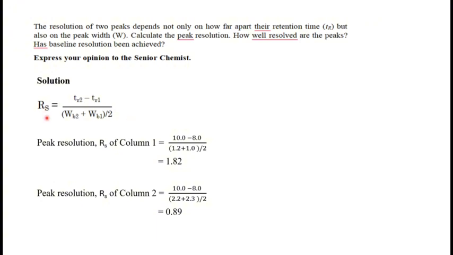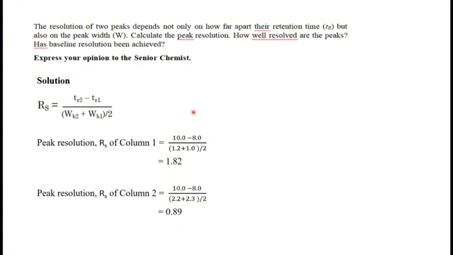This is the formula of peak resolution, and apply the values in the box into the formula. For column 1, the peak resolution calculated is 1.82, while column 2 is 0.89.